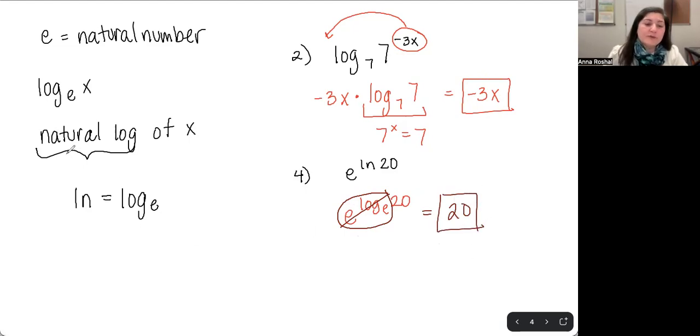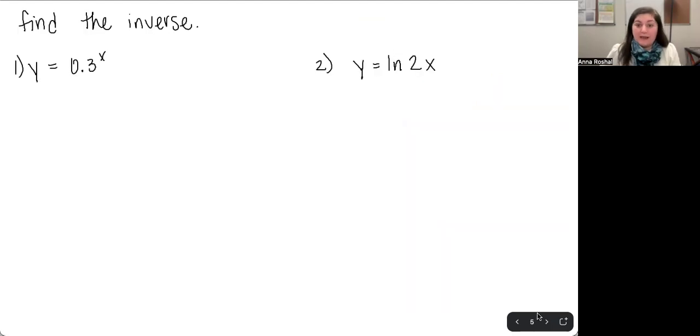So we want to make sure that we understand that e is a natural number, and that if I have log base e, it's the natural log of that number. Instead of writing natural log or log base e, I'm just writing ln. Okay? So anytime you see ln, it's just a natural log. We know that there's a base.